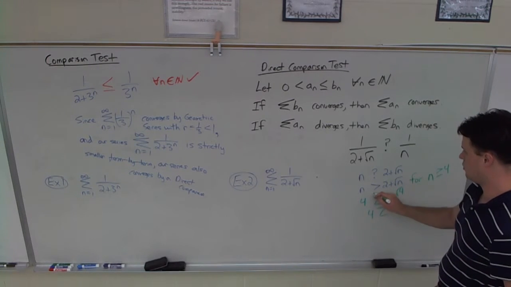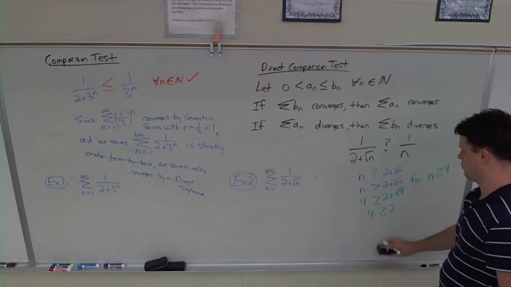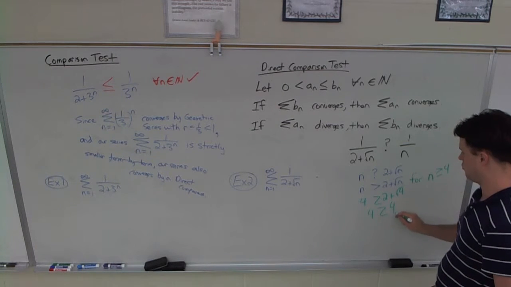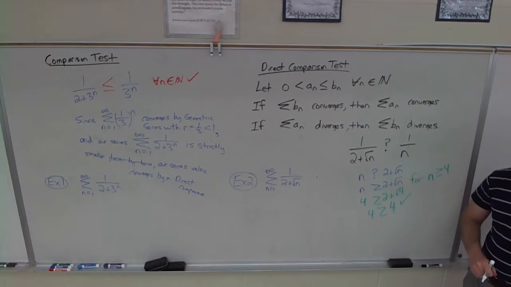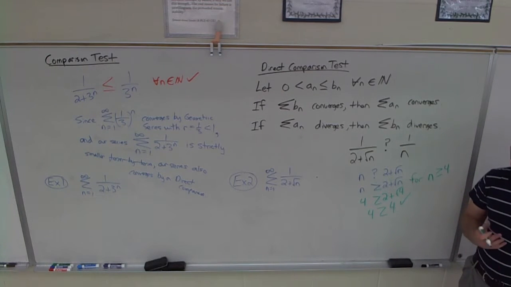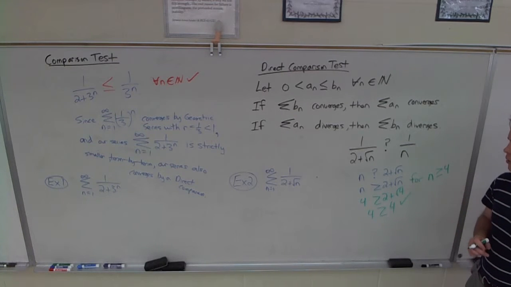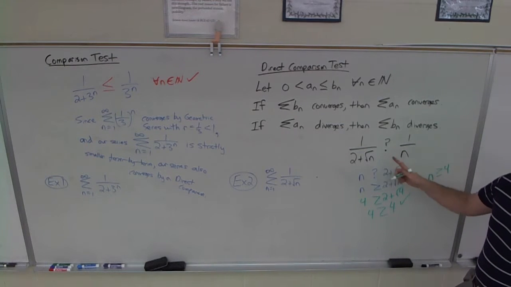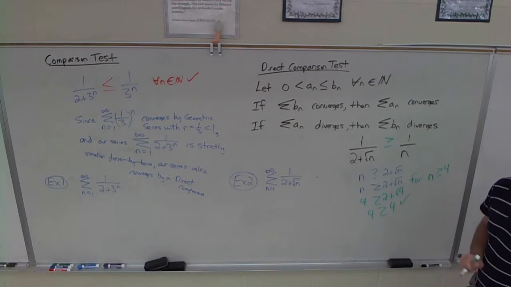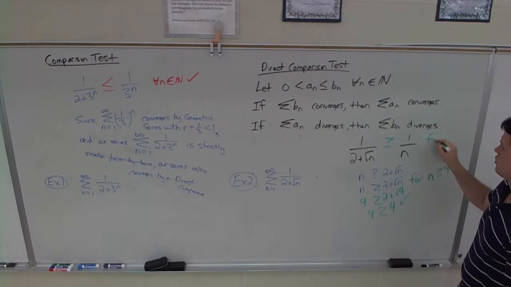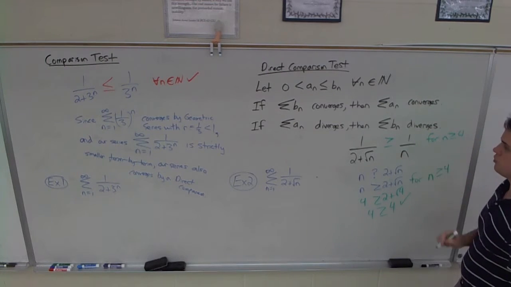Yeah, I guess we could go like that. So let's see what we have there. Then we're saying this guy, what do I fill my question mark in with, is greater than this guy for n greater than or equal to 4.